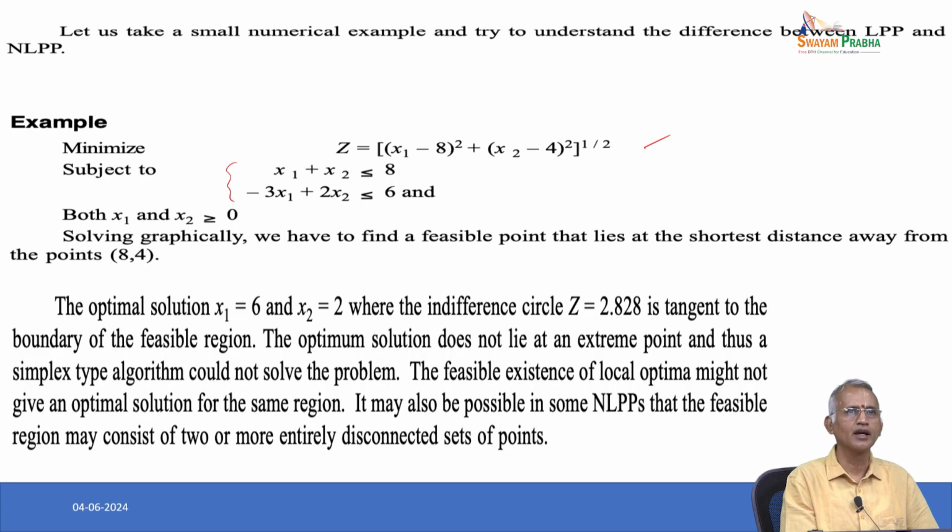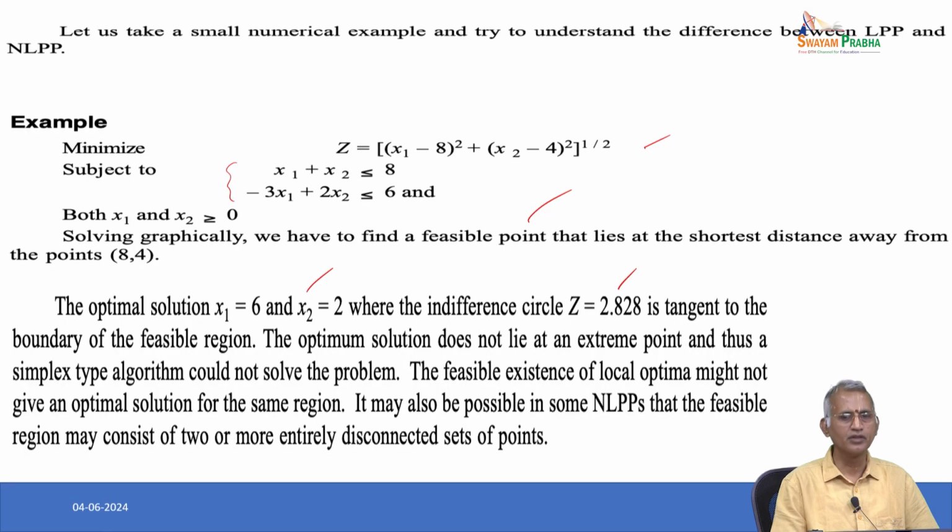So, this problem can be solved graphically, and we find the feasible point that lies at the shortest distance from the point (8, 4). The optimal solution is x1 equal to 6, x2 equal to 2, where the indifference circle z equal to 2.828 is tangent to the boundary of the feasible region.